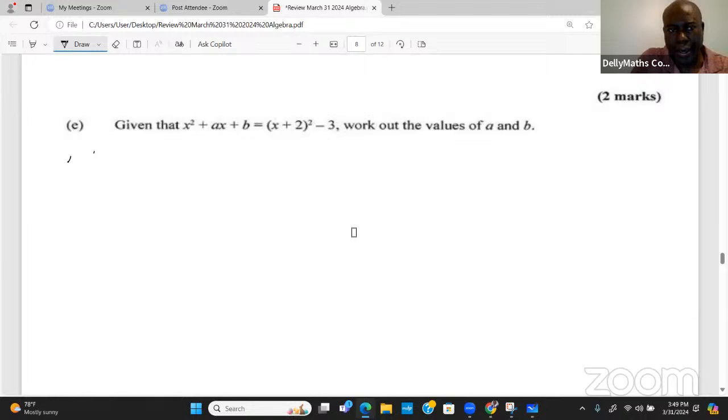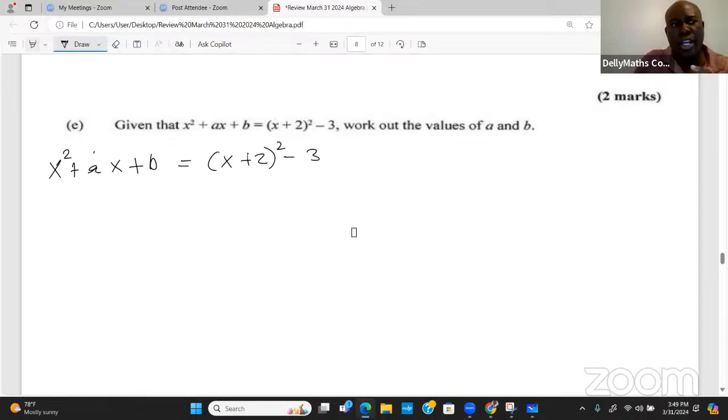I'm going to focus on the right side. Let me write this. So we have x squared plus ax plus b, right? And this is equal to x plus 2 squared minus 3.